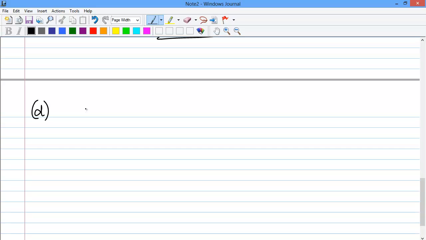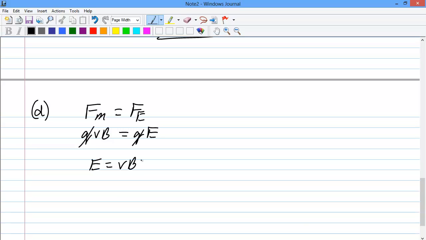So we can say that the force of magnetism has to equal the force of the electric field. This is QVB, and then this is just QE. So we're solving for E, and we have E is just VB.